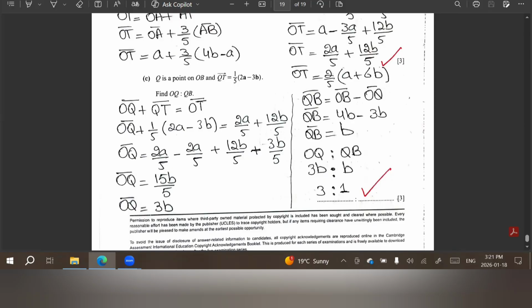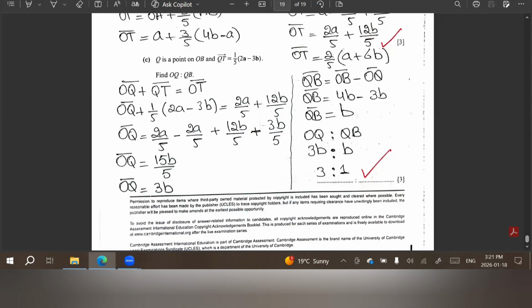OT is coming from here. So OQ is equal to 2A by 5 plus 12B by 5 minus 2A by 5 plus 3B by 5. So this and this will be cancelled. You are left with only 15B by 5, which is equal to 3B. So now I know the value of the OQ.